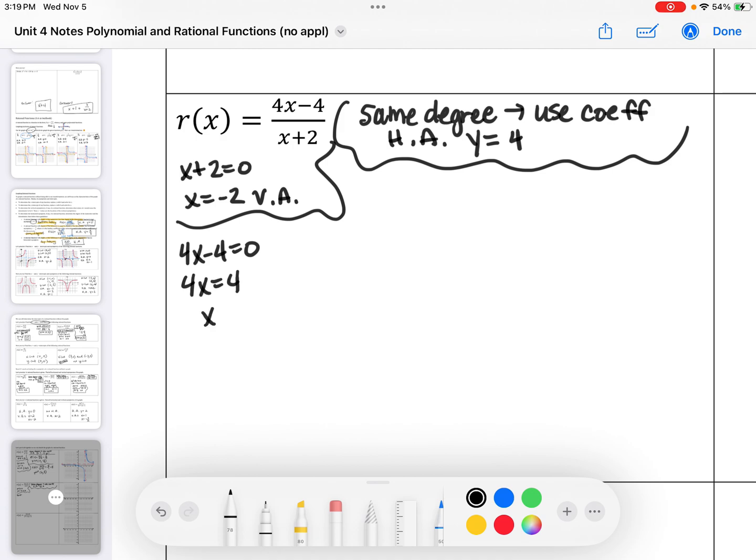Add 4 to both sides, divide both sides by 4. So we have x-intercept at 1, 0, and we only have one x-intercept. Okay, and now y-intercept, let's replace every x with 0.